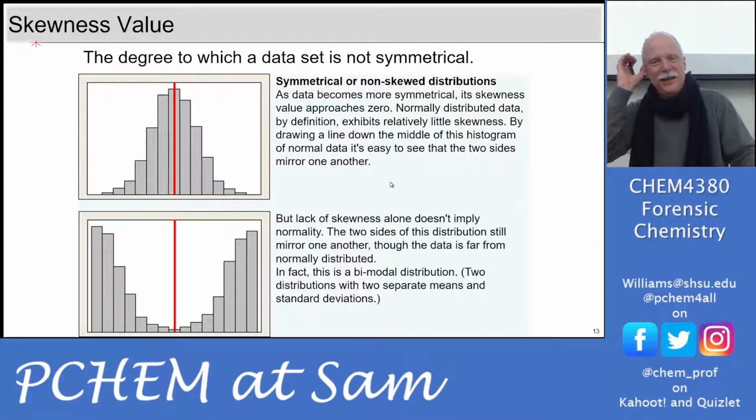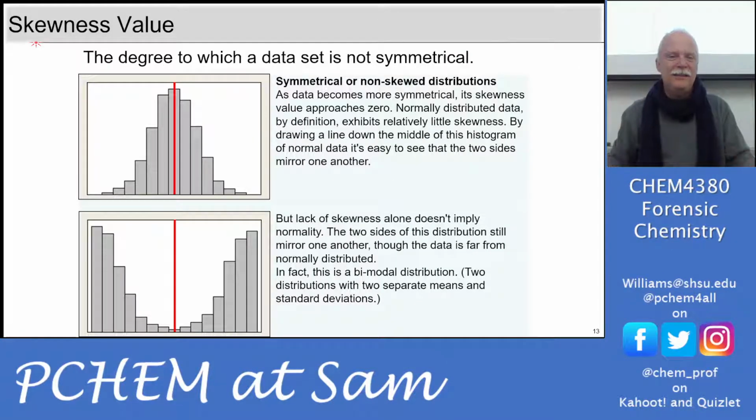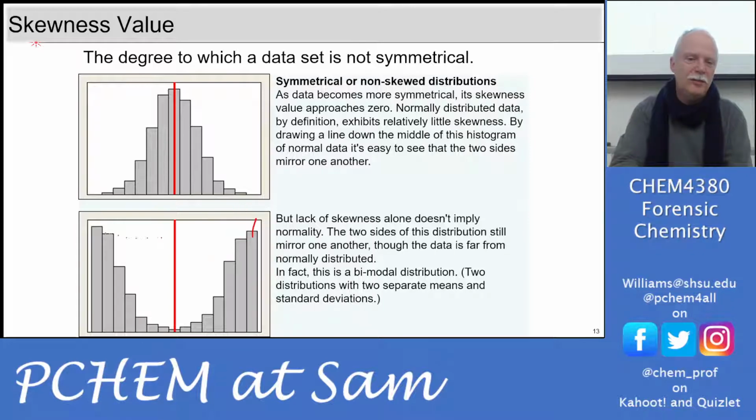Okay, now skewness value doesn't always catch non-normal data, right? And so neither one of these has a strong skewness value. They're both symmetric. So remember, skewness just tests whether your distribution is symmetric or not. The left side looks like the right side. And so this down here is bimodal. It's got two modes.